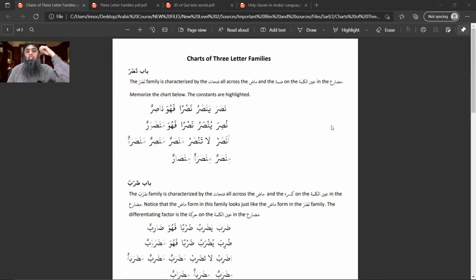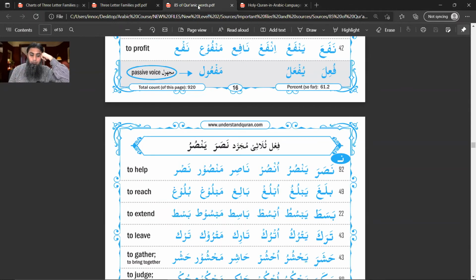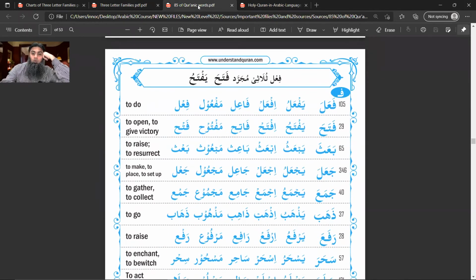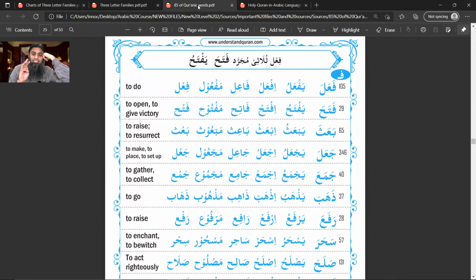Okay, now let me give you a small homework, which inshallah I'm expecting from all of you to finish before the next class. Just memorize, if not more, 3 frequently coming words, just three from each family.